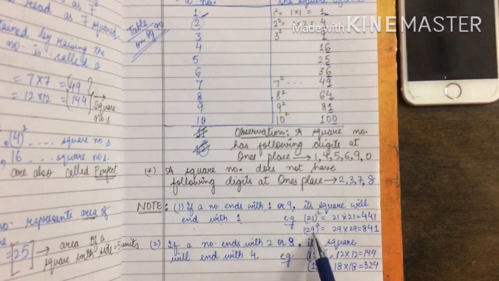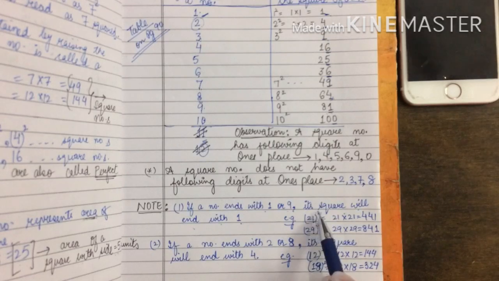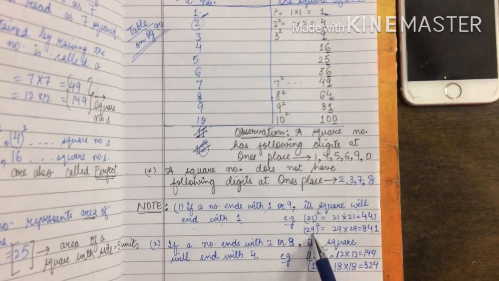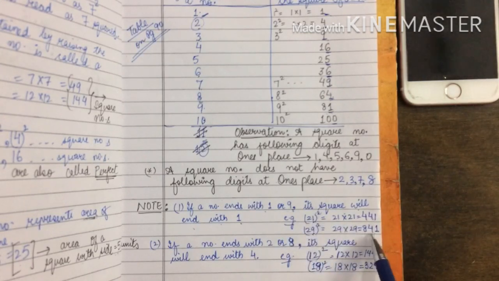I have taken examples. 21 squared. 21 ends with 1. On squaring, the answer is 441. The square ends with 1. Second number is 29. It ends with 9. Its square is 841. The answer ends with 1.